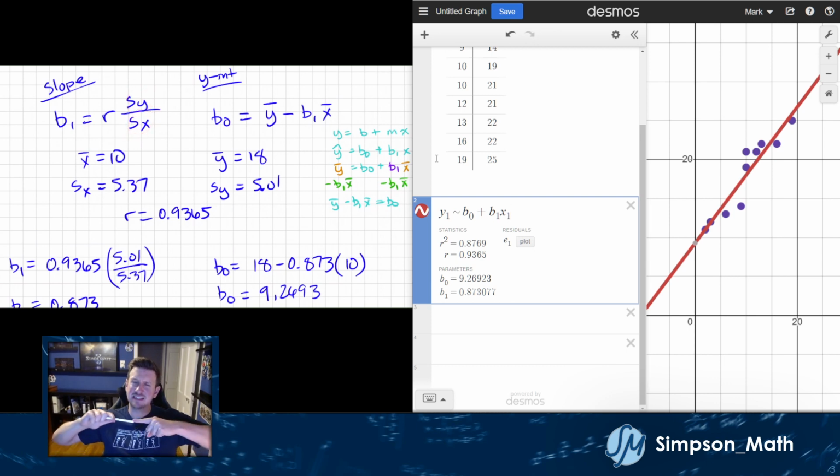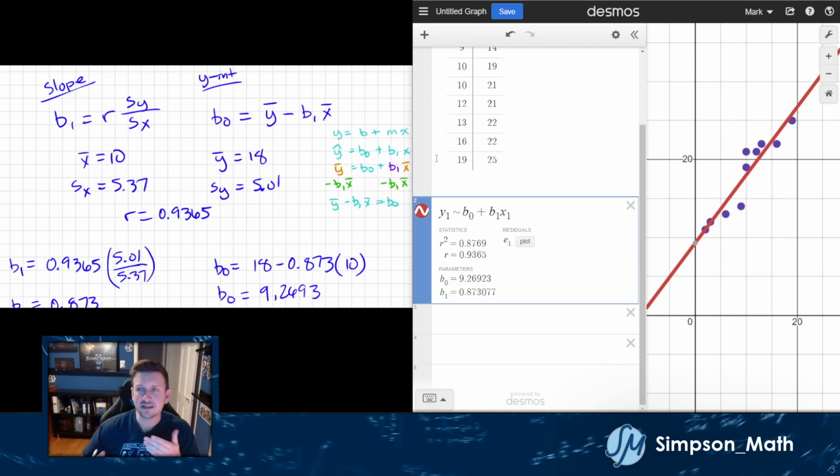So think about this. This is the change in my y's, how much y's vary over how much my x's vary. That is literally rise over run, that slope. If r was 1, then slope would just be that ratio of standard deviation of y divided by standard deviation of x, that rise over run.